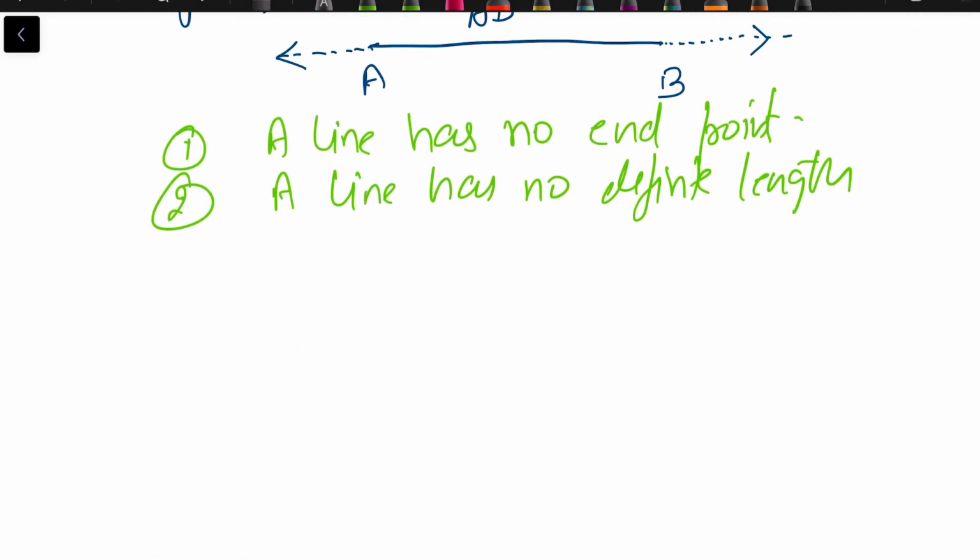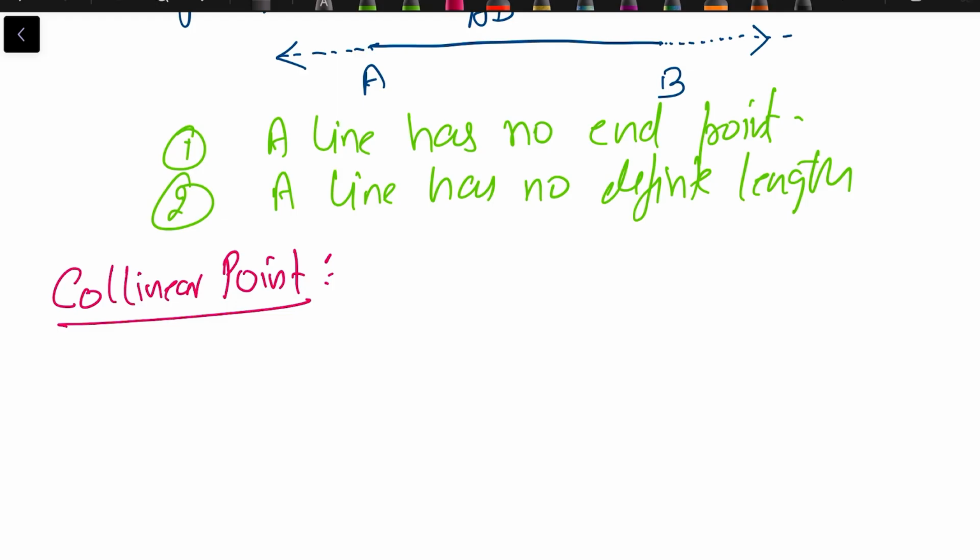Another part is collinear points. What are collinear points? Let's consider we have 3 points. Collinear points are 3 or more points on the same plane, on the same line.